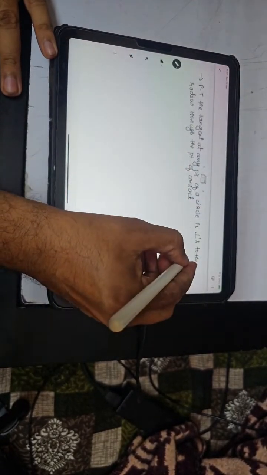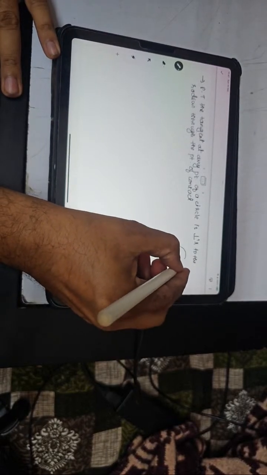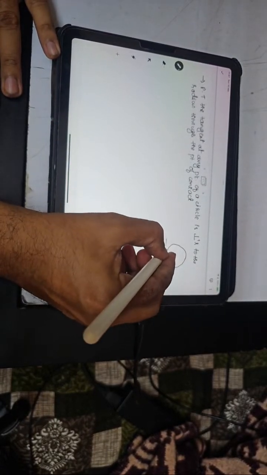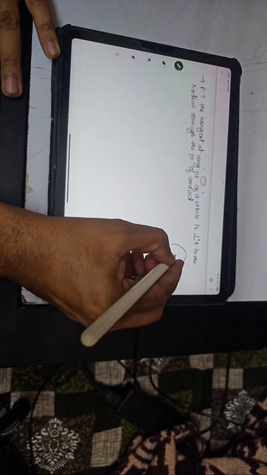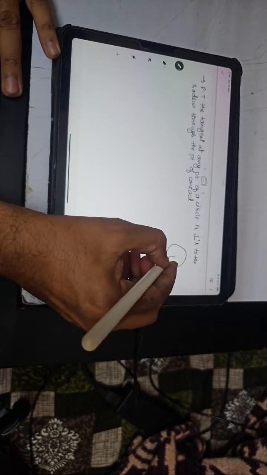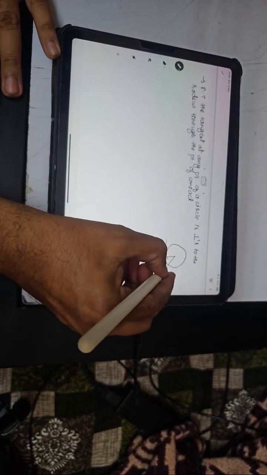Now, we need to prove it is perpendicular. See, let this be. Now imagine that it is a circle and we need to prove that this is 90 degrees.